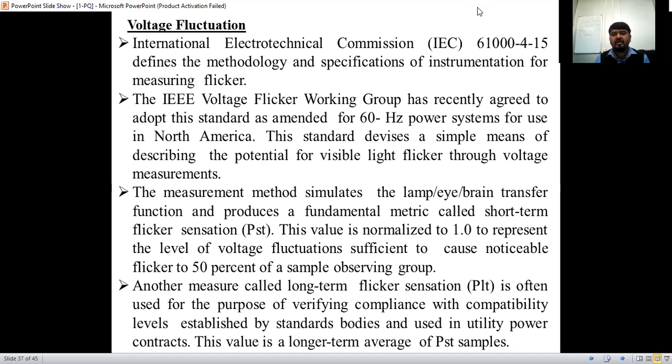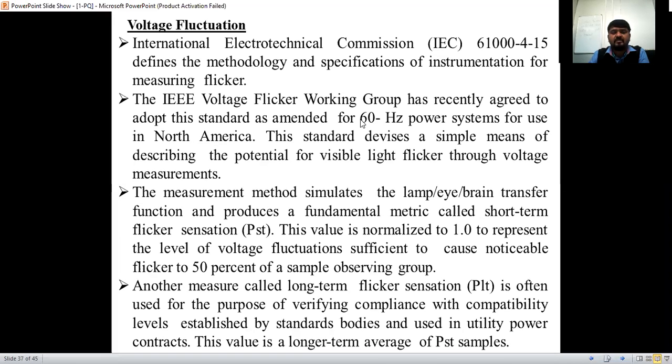The IEEE voltage flicker working group has recently agreed to adopt this standard as amended for 60 hertz power systems for use in North America. It was long back, 1992 or 95, that they conducted that. In the US they have considered it, and the North America frequency is 60 hertz.